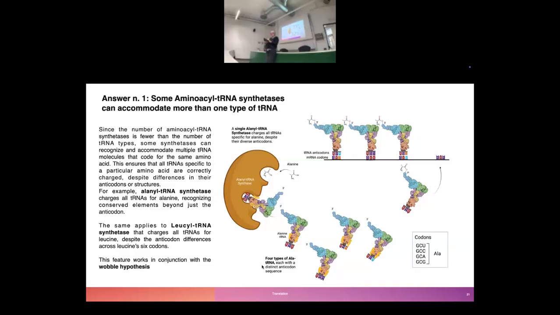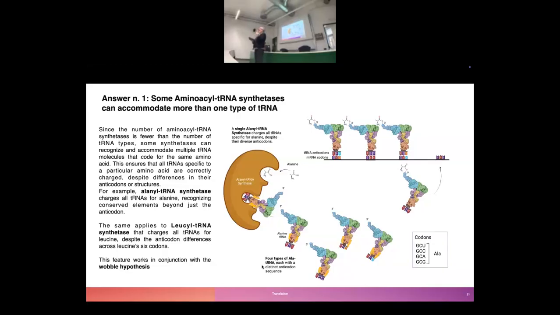And those parts are the ones that allow for the specific recognition of those four among the other tRNA. Okay?